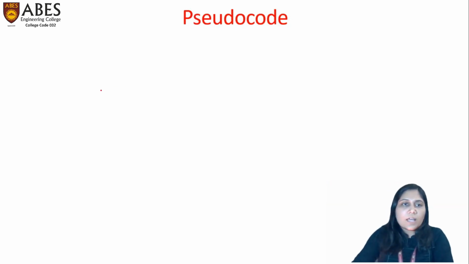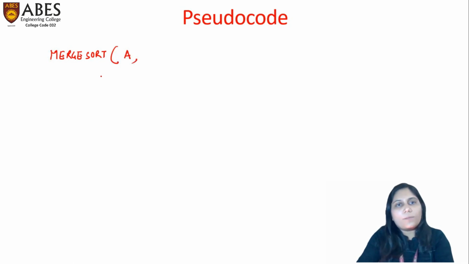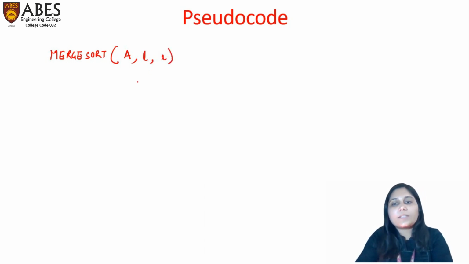So this is the pseudocode of merge sort, where we will have an array A of some size, a left index, and a right index. These are the three things I'm going to pass into it.